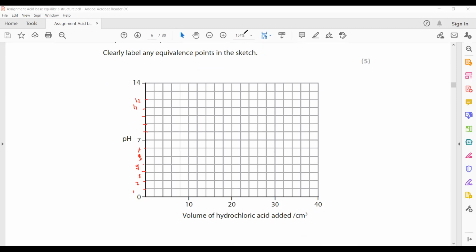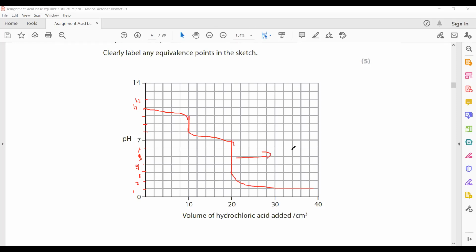So the vertical part is from 7 to 4 for 20 cm cube, because if 10 cm cube is there, at a half equivalence point when half of the molecules are neutralized, at 10 cm cube there will be a small vertical part. It's up to you. You can make it for 2 dots or for 3 dots. So one vertical part and the second vertical part, and so on.